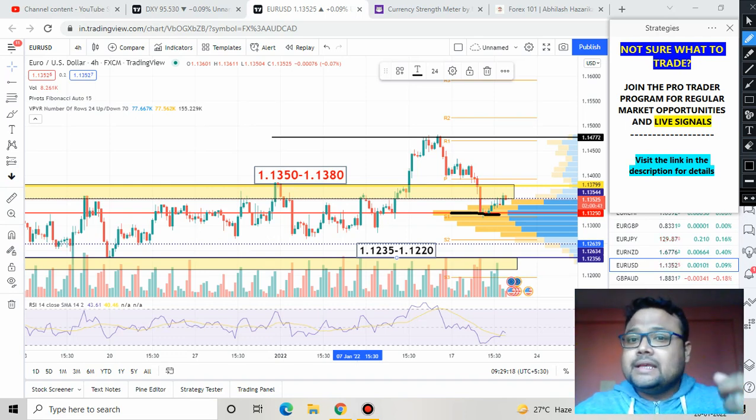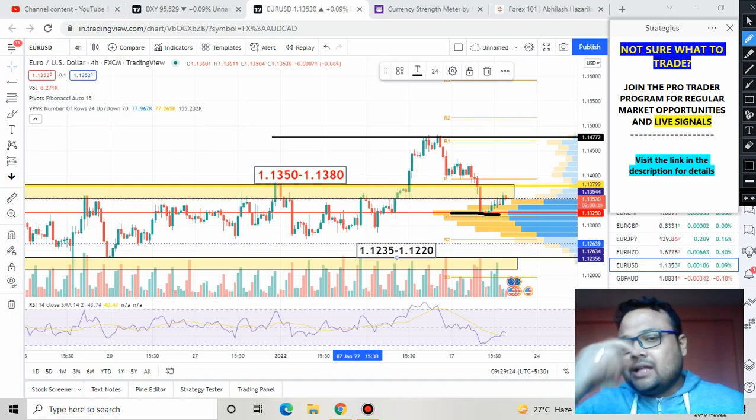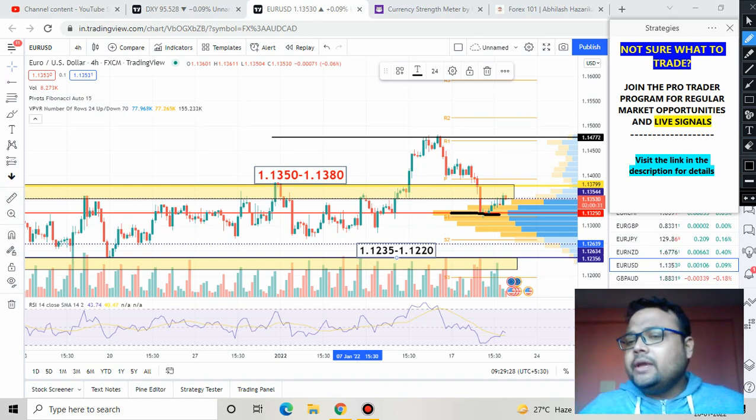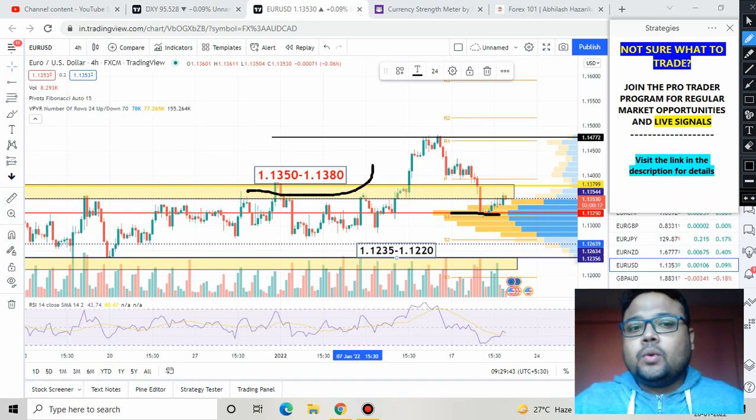And in case there is a sudden breakout, let's say DXY falls, DXY goes down, and you see Euro USD going up, then also do not worry, you can definitely take a buy position, because previously this level was a very strong resistance, but right now the level of 1.1350 to 1.1380 is losing its ground.